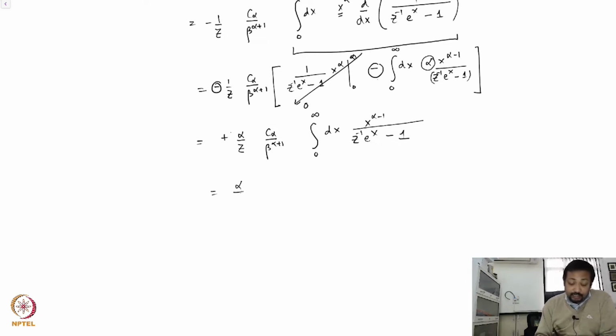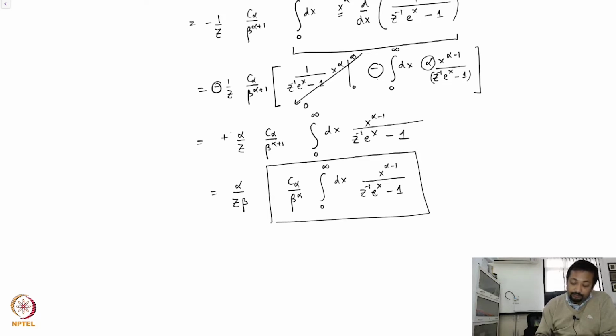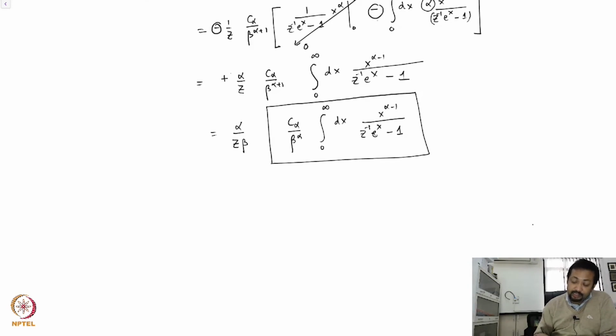Let us rewrite this expression as this: alpha divided by z times beta, so that I have C alpha beta alpha, 0 to infinity dx x to the power alpha minus 1 over z inverse e to the power x minus 1. And if you recall, then this is exactly the particle number n.